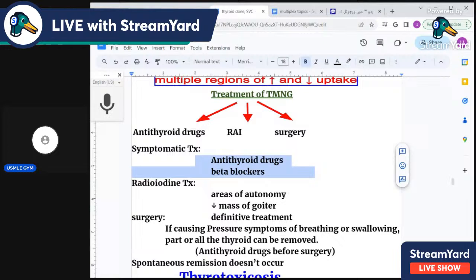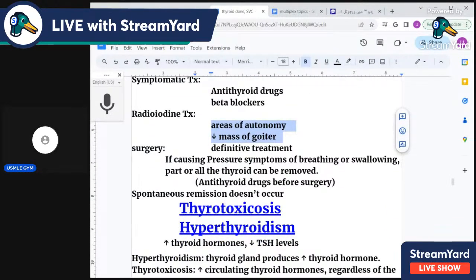Radioactive iodine is used for areas of autonomy and decreases the mass of the goiter. Surgery is a definitive treatment. If there are pressure symptoms of breathing, dysphagia, dysphonia, and dyspnea, then surgery is the treatment of choice. Surgery is partial or complete thyroidectomy with antithyroid drugs given before. We will discuss how antithyroid drugs are used when we discuss Graves' disease.